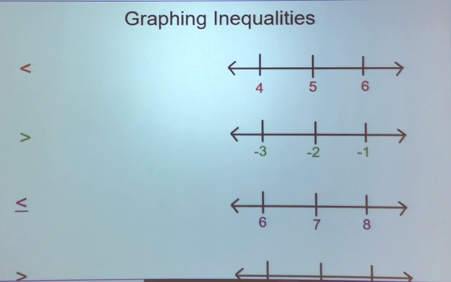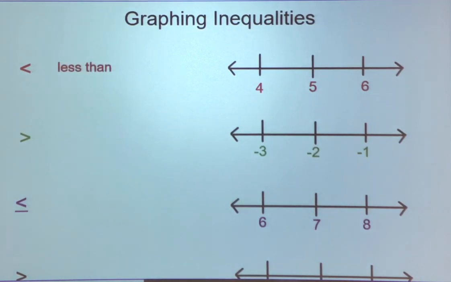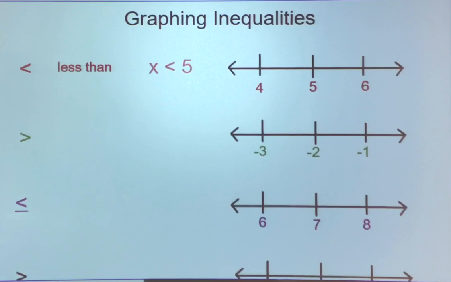Graphing inequalities, okay? This is the less than sign. Let's use a less than inequality and say that x is less than 5. Well, we'll need a number line, and as far as I'm concerned, just a snapshot, 3 numbers on that number line with our number in the middle.